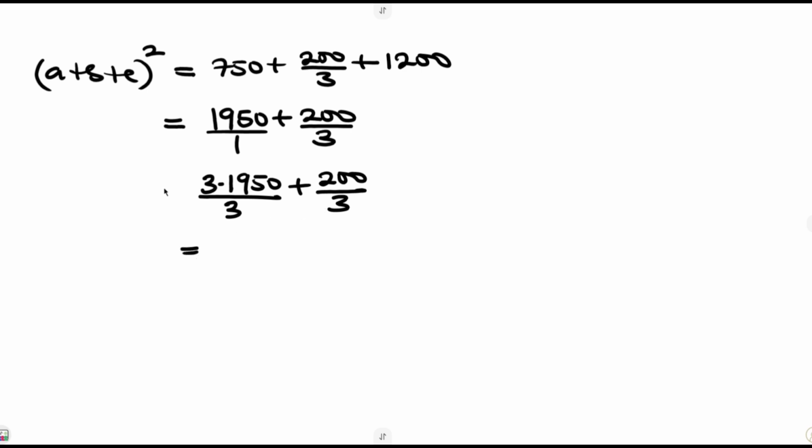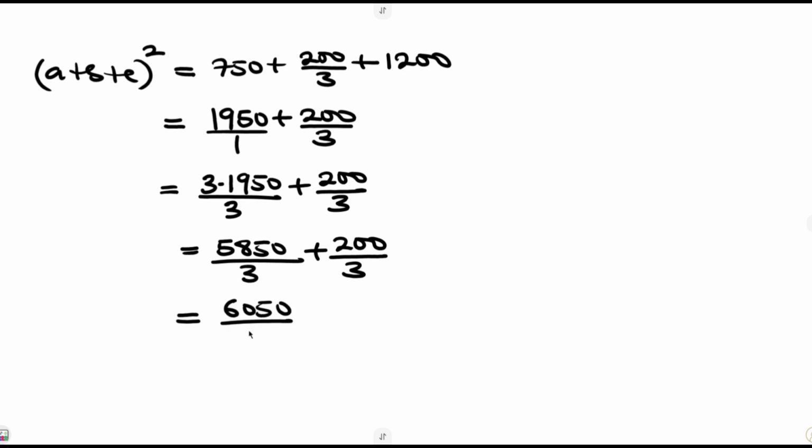So this simplifies into 3 times 1950, which gives 5850, all over 3, plus 200 all over 3. Very good. And this simplifies into 5850 plus 200, which gives 6050, all over 3.